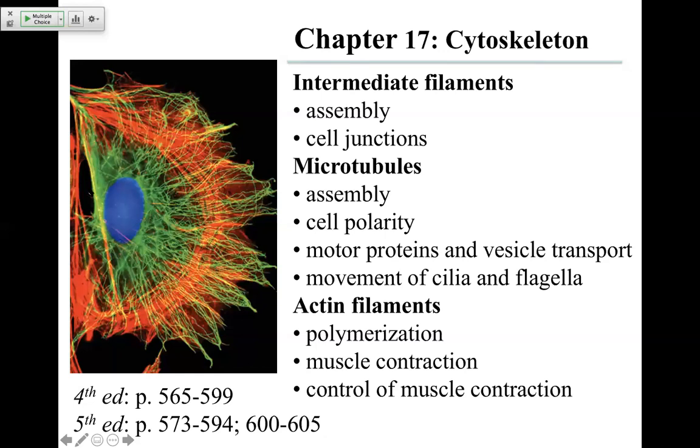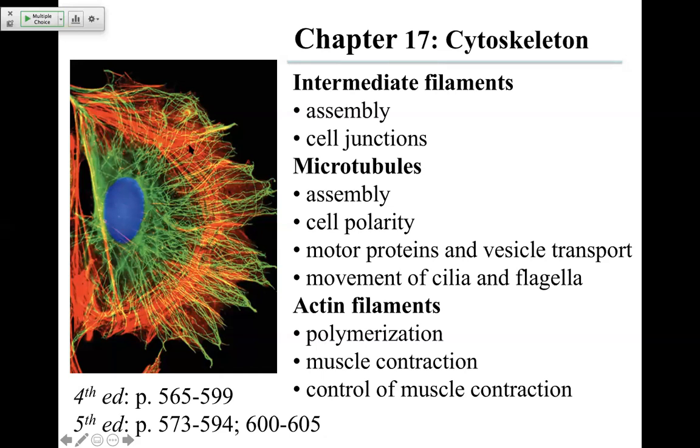Here we have our nucleus that's stained blue, and we have fluorescently labeled our microtubules in green. Notice how they're extending from the central portion of the cell and extending out towards the periphery.